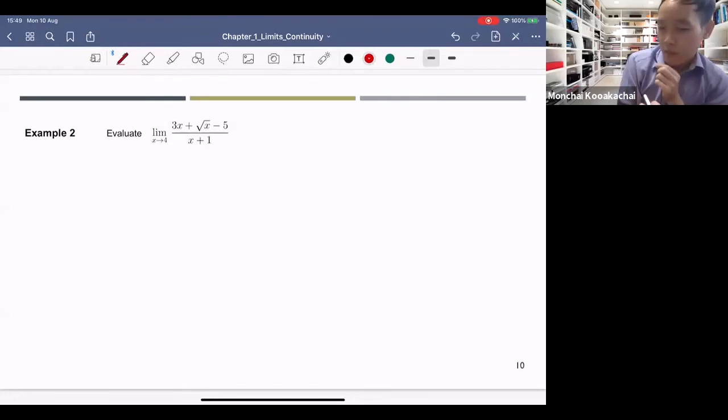First of all, everyone take a look. I am going to show you how to do this in full. If you want to use limit laws, this is what you have to do. I just copy the question first.